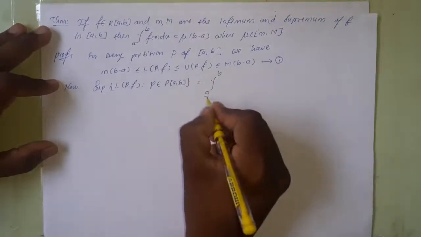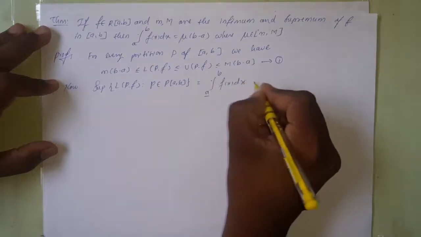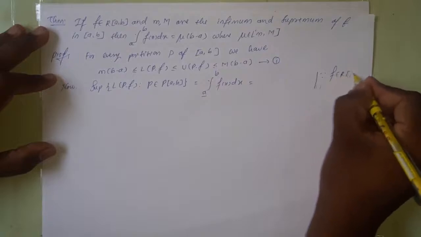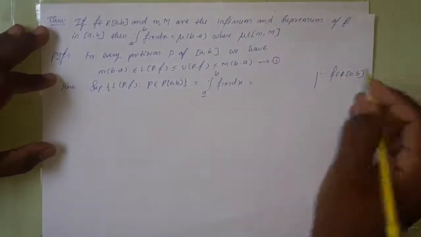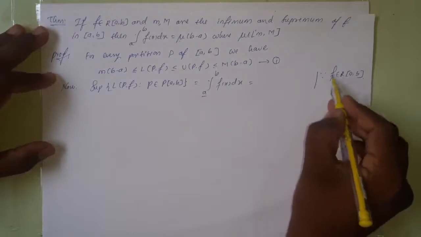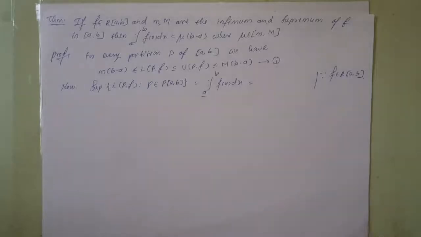Now here it is given that f is a Riemann integrable function, that is, f belongs to R of the closed interval [a, b]. Since f is Riemann integrable, the lower Riemann integral is always equal to the upper Riemann integral, and is equal to the Riemann integral, that is, the integral over a to b of f(x) dx.